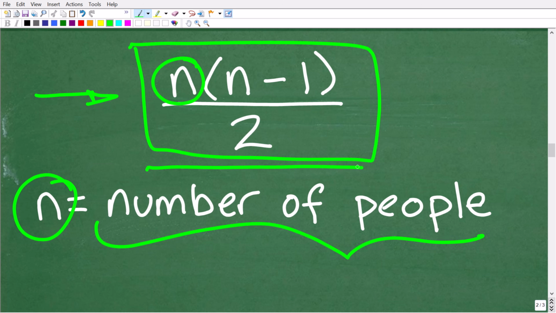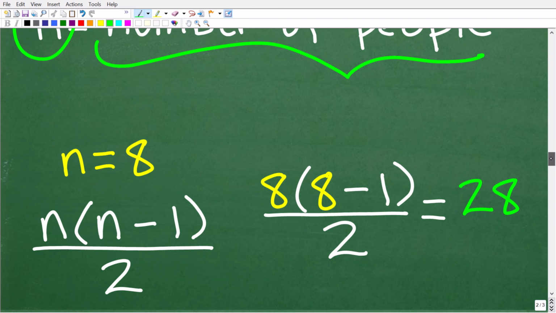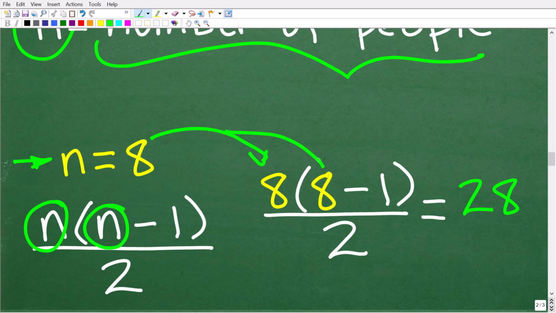All right, so let's go ahead and put this formula to the test and solve our problem. Okay, so how many people do we have in our problem? We have 8 people. And we want to count how many pairs or how many handshakes. All right, so there are 8 people, so we're going to replace these n's right here with 8. So we're going to end up with 8 times (8 minus 1), all over 2.